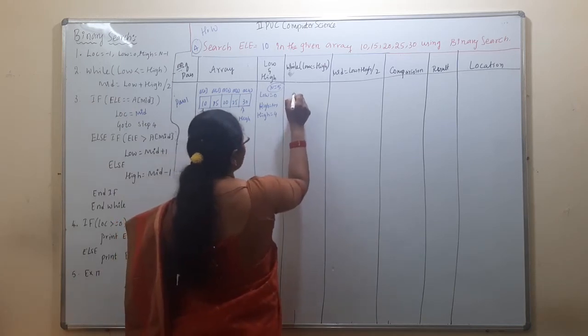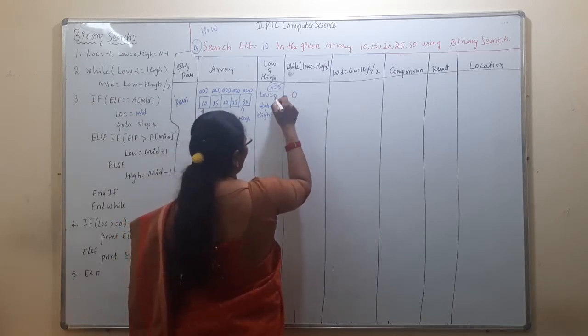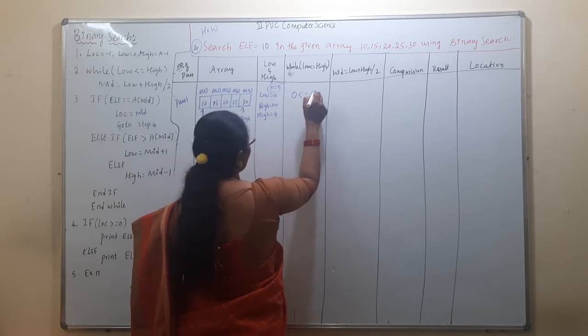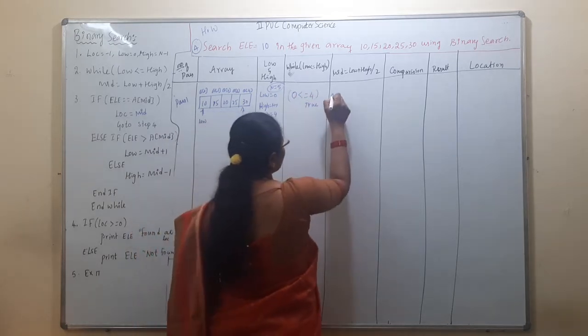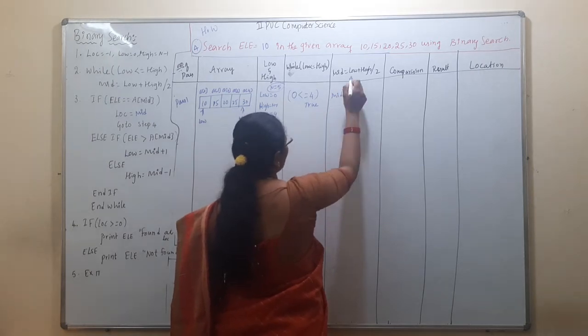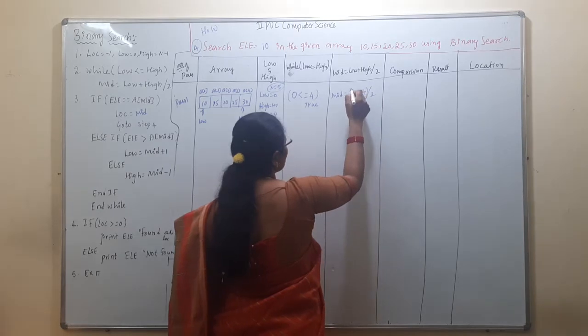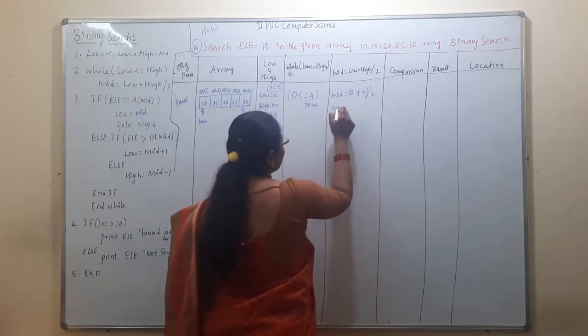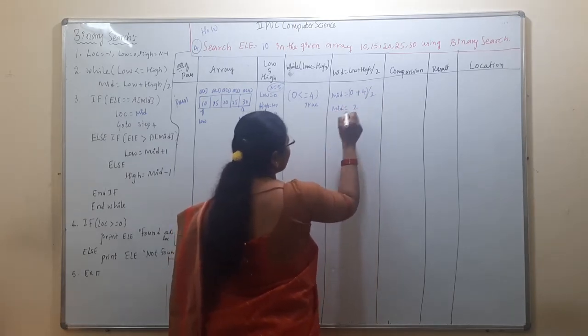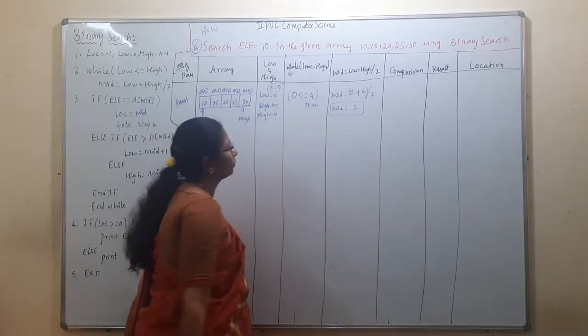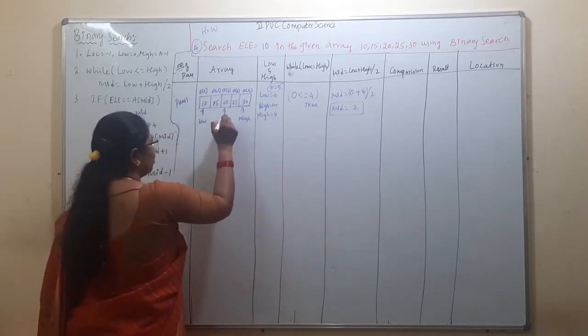Is low less than or equal to high? The low value is 0, less than or equal to 4. Yes, the condition is true. When the condition is true, we find the mid value. What is low? 0. What is high? 4. Divided by 2. What will you get? Mid equal to 4 by 2, that is 2. So we got the mid.